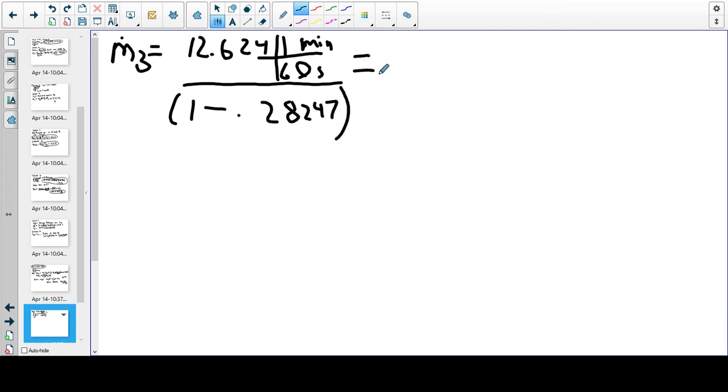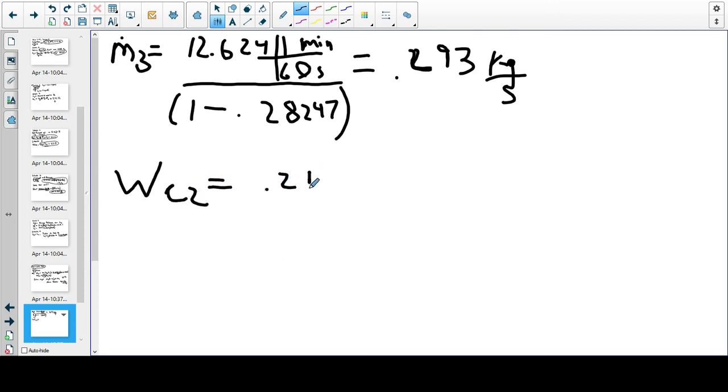If you divide our mass flow rate by that number, 1 minus y9, you get our mass flow rate of 3. So basically our mass flow rate of 3 is equal to our mass flow rate of 1 divided by the flow that went down there with it.